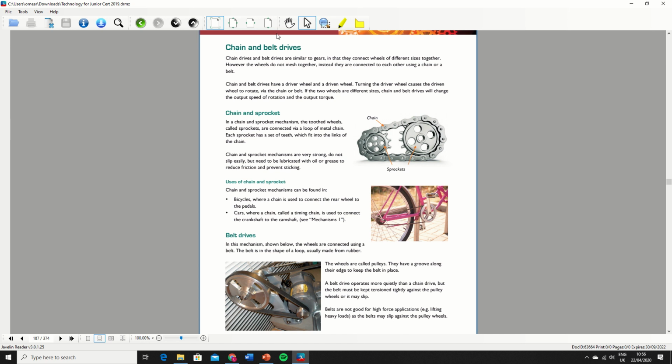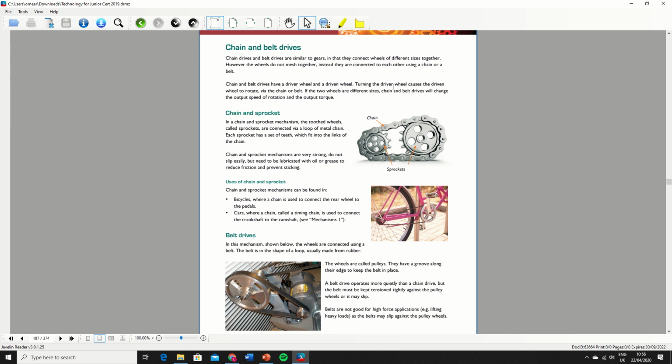Starting off, a chain and belt drive. Chain drives and belt drives are similar to gears. They're similar in that they connect wheels of different sizes together. However, the wheels do not mesh together. Instead, they are connected to each other using a chain or a belt. Chain and belt drives have a driver gear and a driven gear, just like our normal gears do.